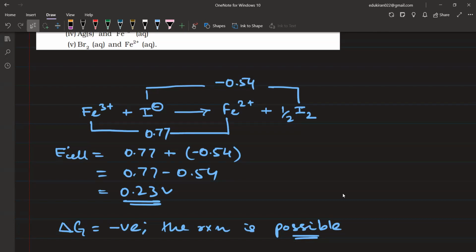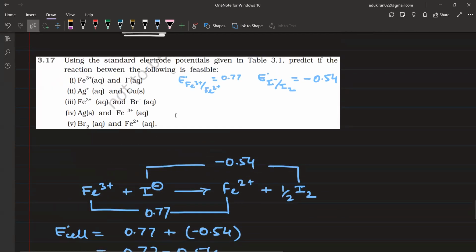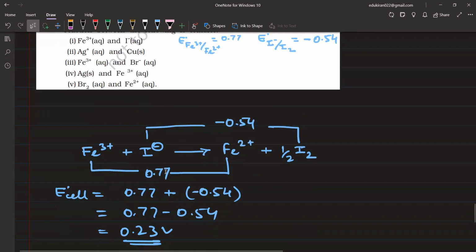Okay, so similarly, write the reaction for Ag plus and Cu, what will the reaction be, and then further get the E naught cell and comment on the delta G, whether the delta G naught will be positive or negative. If it is negative, then it is spontaneous. If it is positive, then it is not spontaneous.